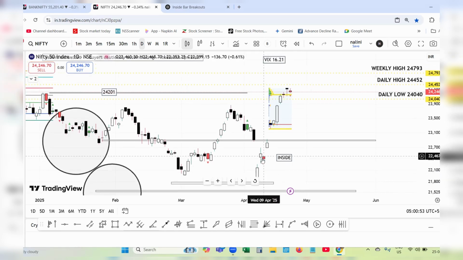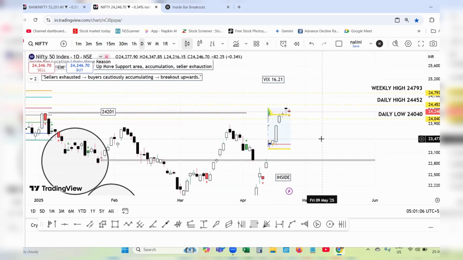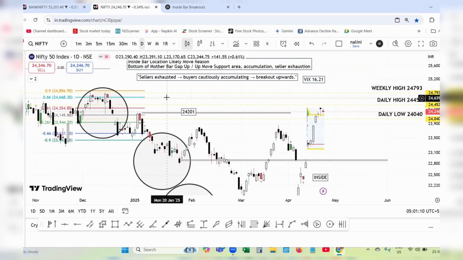The target we can see for this breakdown, the gap down, the market can reach up to 24,668 and even 24,793. Today, first the gap up can go to 24,452, and this is a breakout of the market structure.